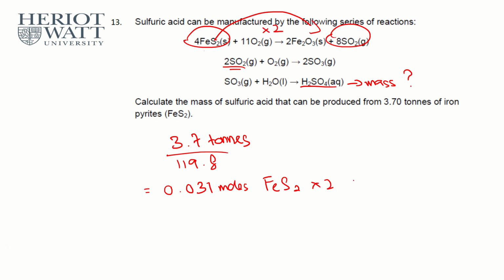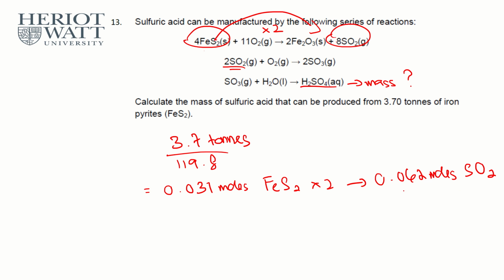Therefore, I get 0.062 moles of SO2. And from 8 to 2, don't ever compare the 8 here and the 2 here because these are two separate equations. The mole ratio is only compared within a single equation. So from 8 to 2, we don't care.